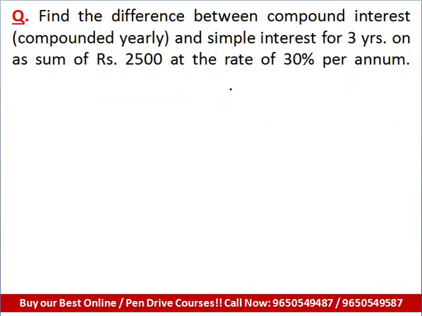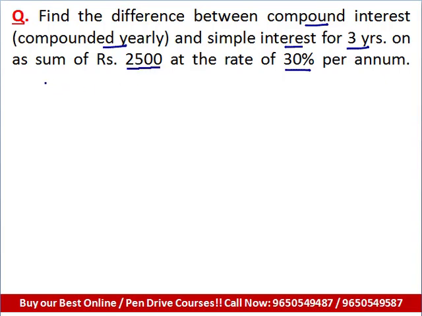Now this question talks about 3 years. Find the difference between compound interest and simple interest for 3 years. The interest is getting compounded yearly. On a sum of rupees 2,500, the rate of interest is 30%. Students, now let's focus on the rate of interest, which is 30%, and the sum, as you know, is rupees 2,500.